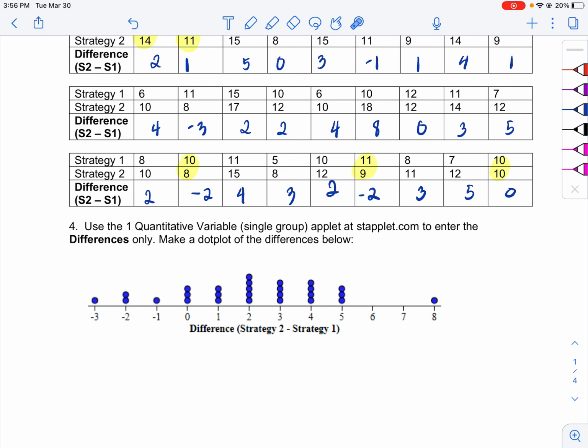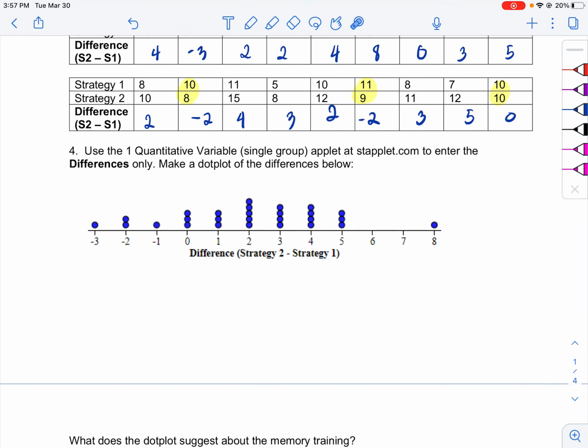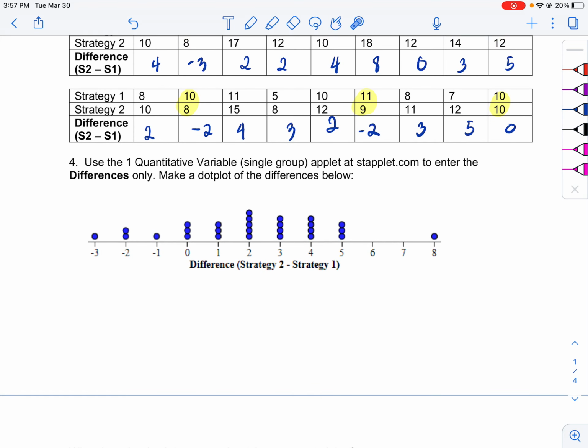Number 5, what does the dot plot suggest about the memory training? Let's analyze what our dot plot tells us. This 0 means no difference. There is no difference between strategy 1 and strategy 2.